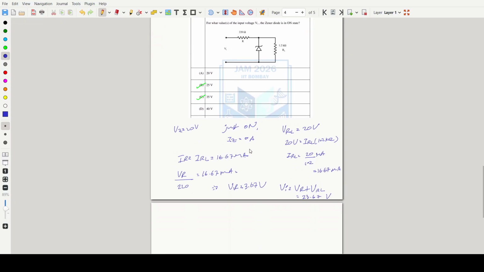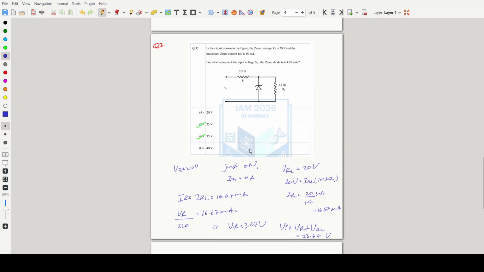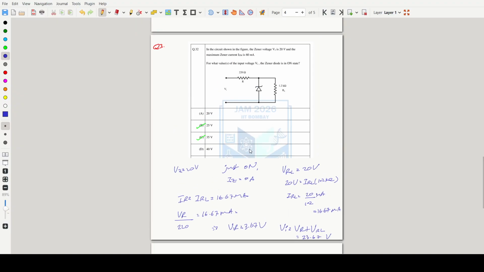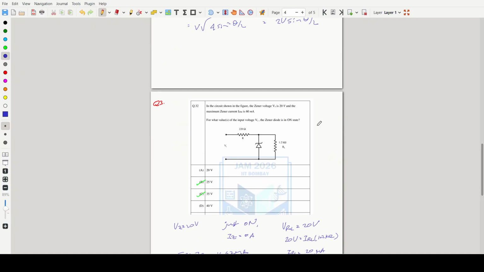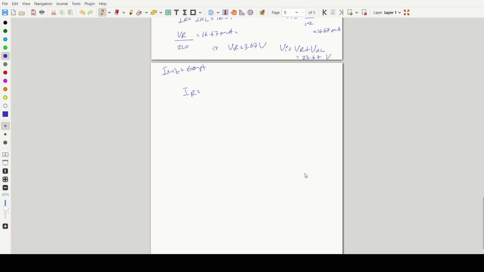Now, in order to find the maximum, I use the given value for maximum Zener current. It's given to me as 60 milliamps. And again, IR, this current that's going through this resistor, splits into IZ and IRL, right?